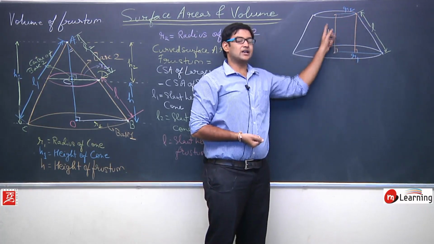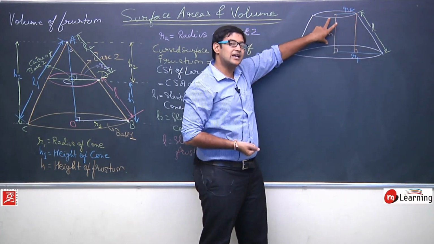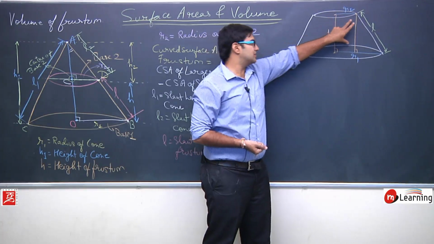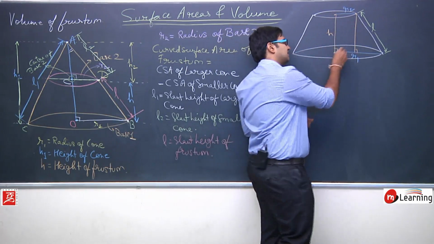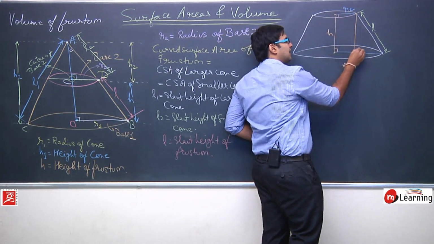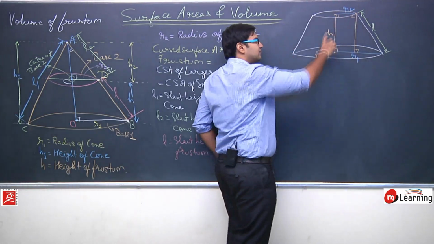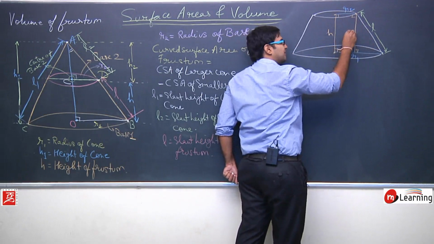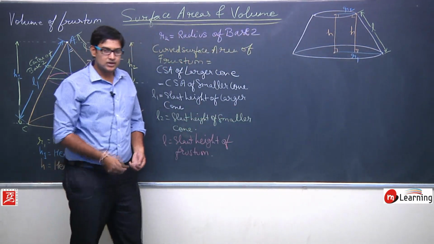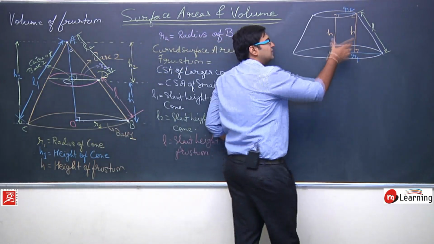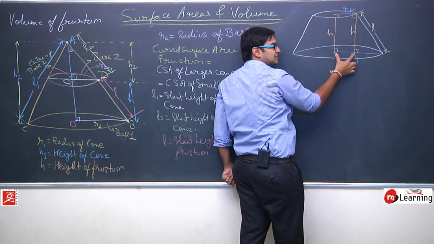In this rectangle, these two lines are equal because this angle is 90, this angle is 90 and this angle is 90. That's why the fourth angle has to be 90. So if this is h, then this line will also represent h. Why? Because it's a rectangle. Similarly, if this is R2, then this length is also R2.